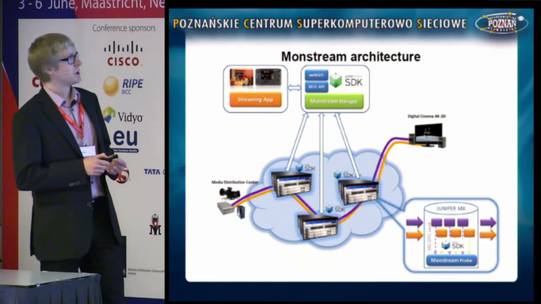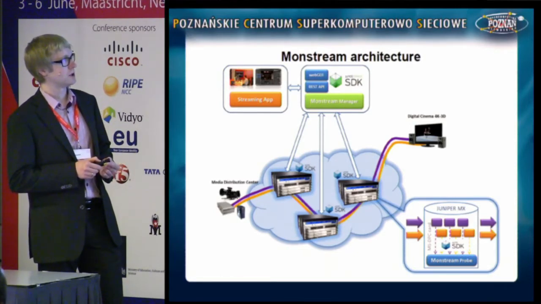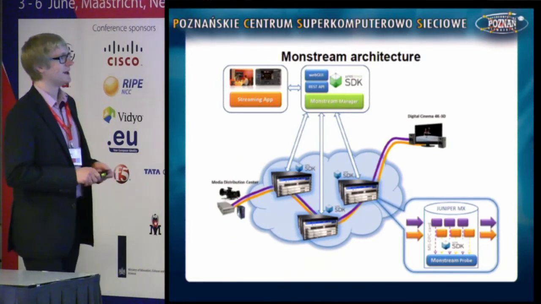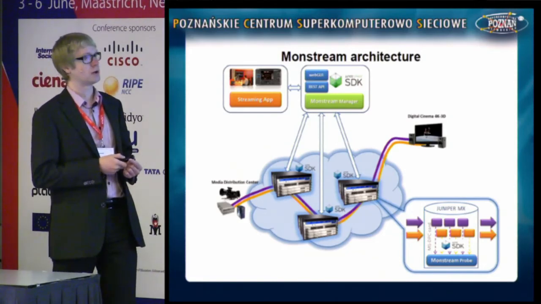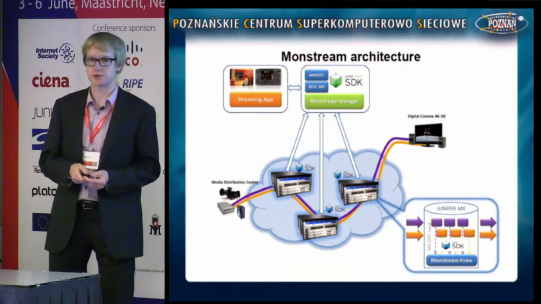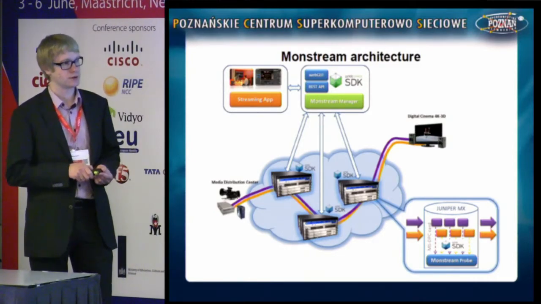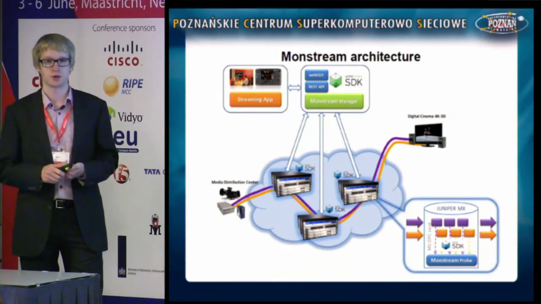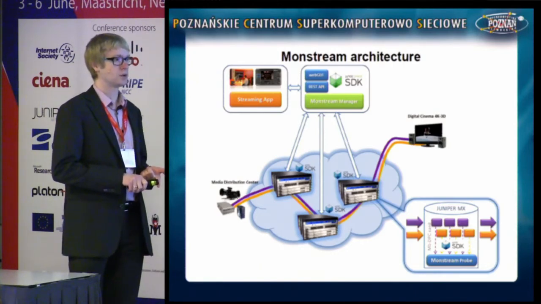When a streaming application that is using our MonStream starts a new stream, it configures parameters of the stream: IP addresses, UDP ports. This information is configured on each router on the network, because the streaming application doesn't know the topology or the routes inside the network.